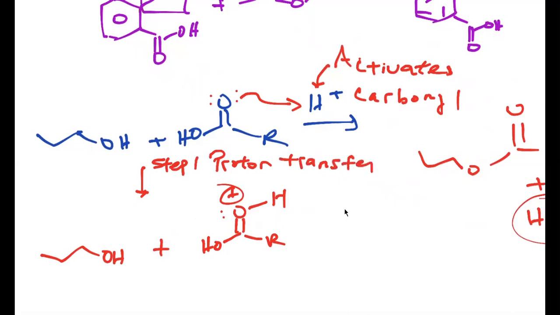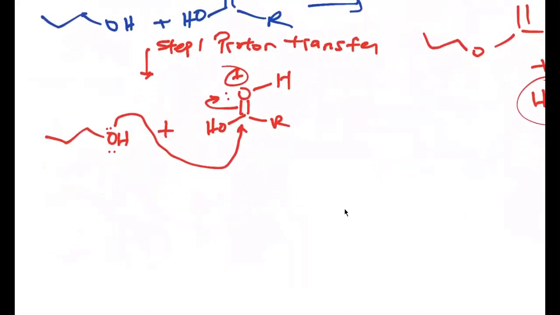So now that you do your proton transfer, after that, that's when your alcohol oxygen is going to attack your carboxylic acid, right? So you attack, and then you get this intermediate that we even talked about when we were doing additions to carbonyls, where you get this tetrahedral intermediate.